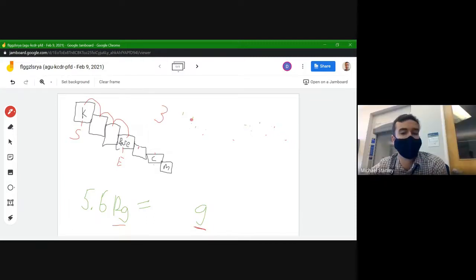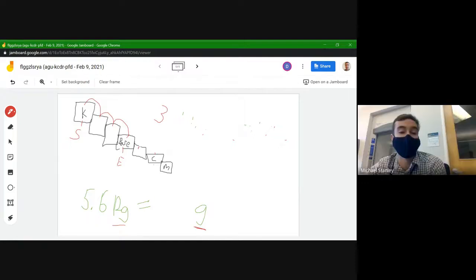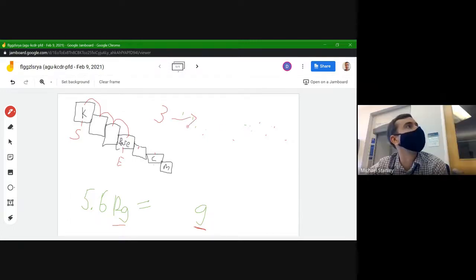And what direction are we going in? So did we go to the left or to the right? To the right. Correct. So to get from kilo to base, we went 1, 2, 3 jumps to the right.